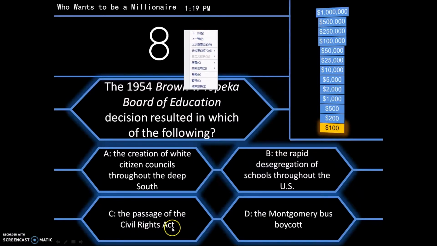So we had this in 1964. Definitely this is not the answer. D. The Montgomery bus boycott. So this is another issue that's related to the civil rights movement. Our answer here is A. So the immediate creation of the White Citizens Council throughout the Deep South, for they refused to accept the decision of the Supreme Court when it comes to desegregation.